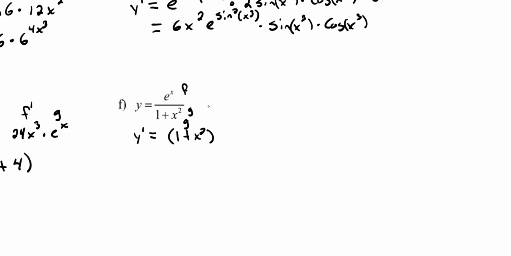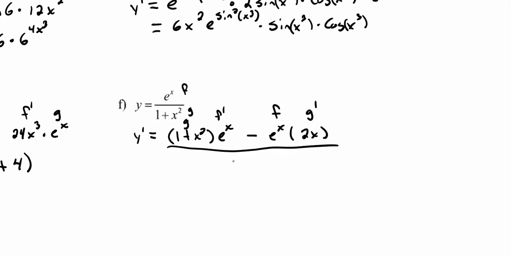And then f prime, so e to the power of x, minus, and then f, which is e to the power of x, times the derivative of g, so 2x. Okay, so that was f, and that was g prime, and then that's all over 1 plus x squared squared.